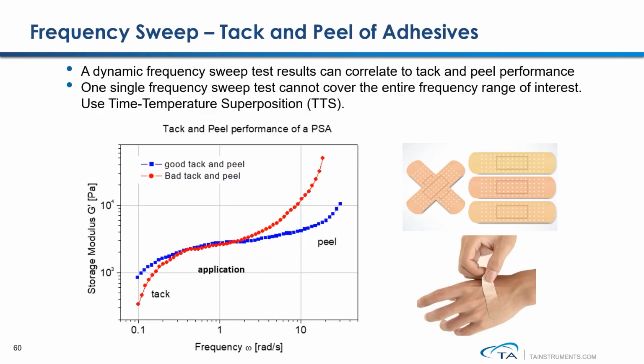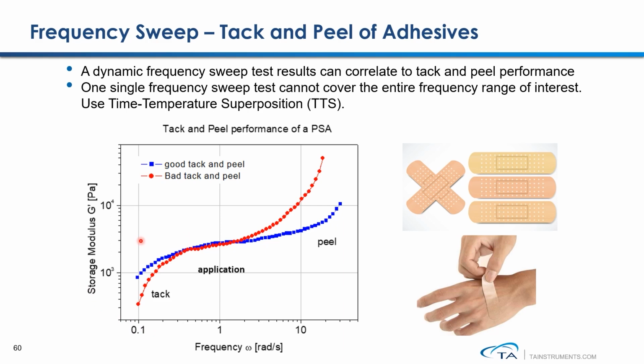This is another case study showing how to use dynamic frequency sweep test results to correlate with the tack and peel performance of a pressure-sensitive adhesive sample. In these frequency sweep results, the storage modulus measured at low frequency can be used to correlate with the tackiness strength of the adhesive.